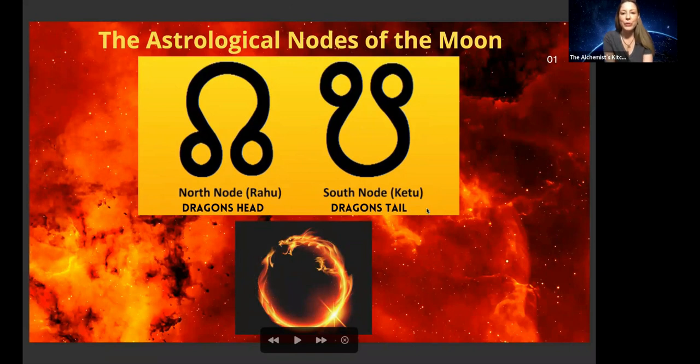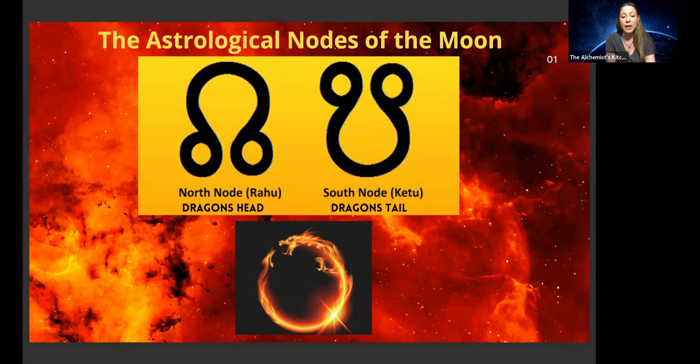Okay, so the astrological nodes of the moon. On the left, we have the North Node, which in Vedic astrology is known as Rahu, and it's the dragon's head. And on the right, we have the South Node, which is known as Ketu in Vedic astrology, also ancient astrology, and that's known as the dragon's tail.